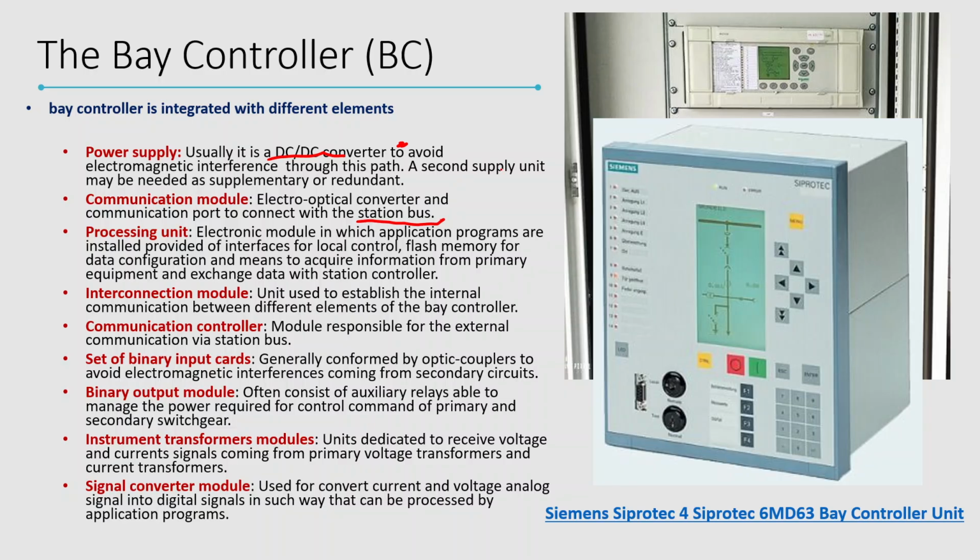They have a flash memory for data configuration and means to acquire information from primary equipment and exchange data with the station controller. So you need a certain processing unit to facilitate all these connections, data processing, and data storage.